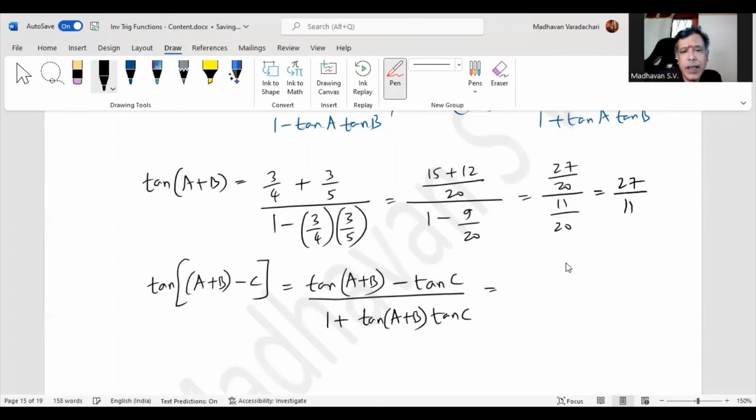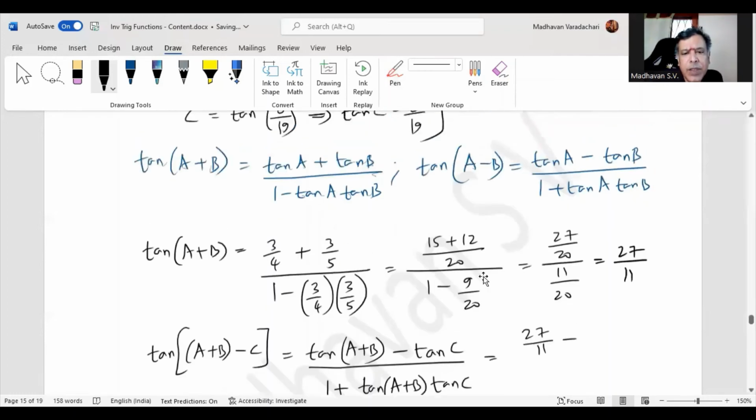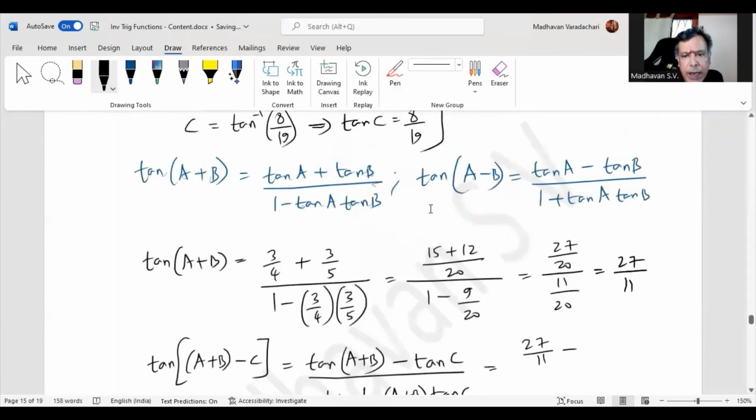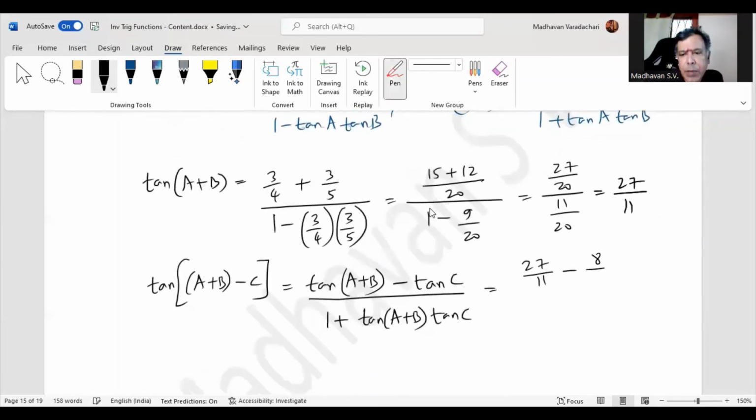So this will be tan of A plus B, we know it is 27 by 11, minus tan of C. Tan of C is 8 by 19. Divided by 1 plus 27 by 11 times 8 by 19.